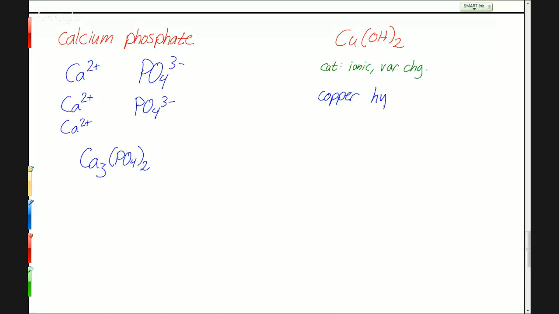It's copper and it's hydroxide. We just need to figure out the charge. So let's look at the ions. Hydroxide is what charge? -1. And there's 2 of them given in the formula. So what does copper need to be to balance out those 2? 2, right, +2. So that means that this is copper(II) hydroxide.